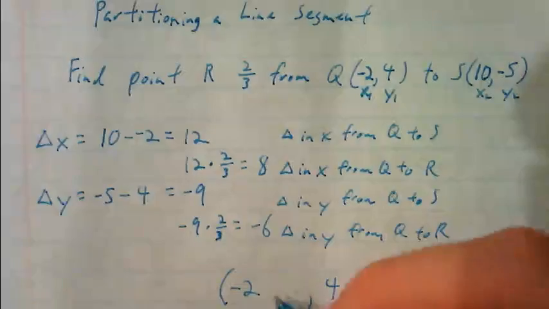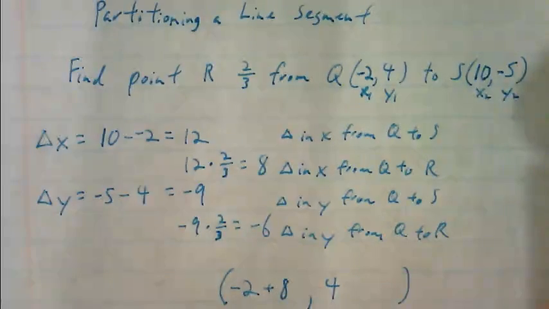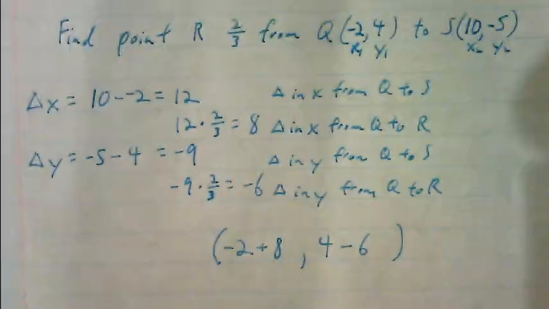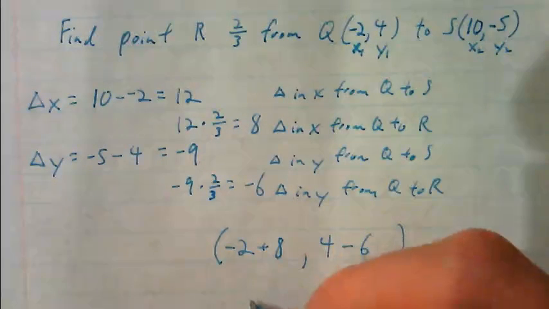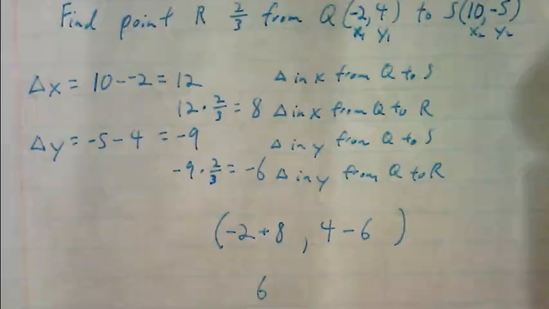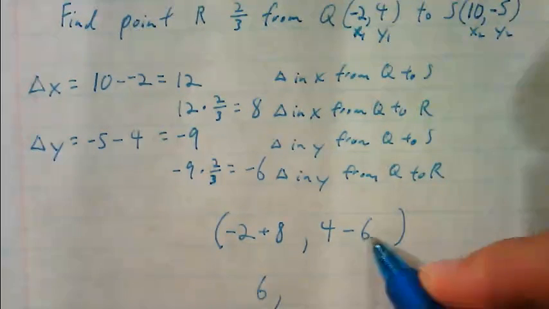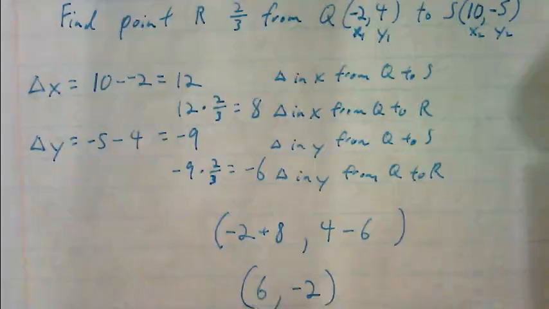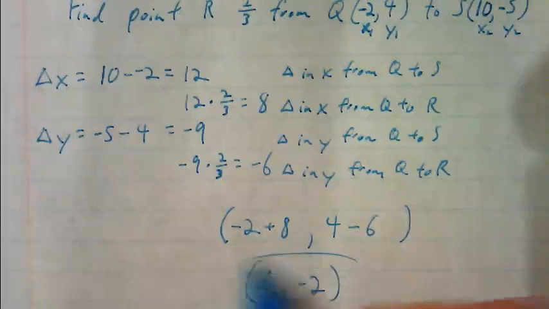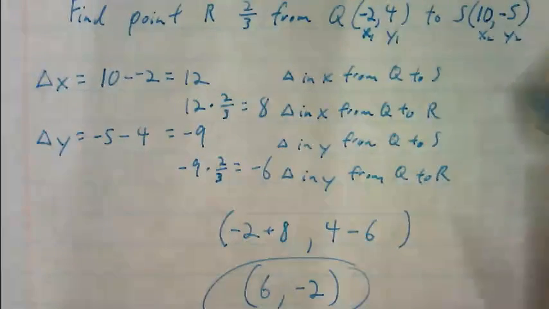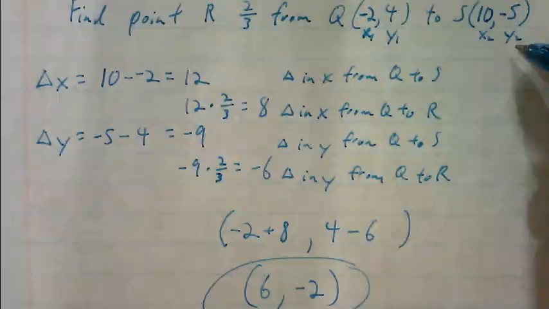So I have +8 and -6. -2 plus 8 is going to give me a point that is 6, and 4 minus 6 is -2. This is the point that I'm looking for. That is 2/3 from Q to S.